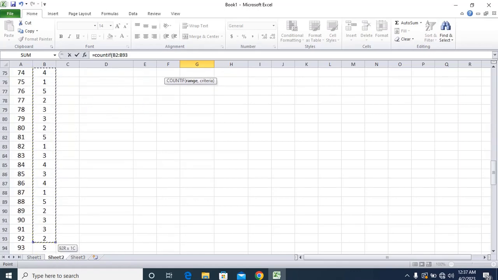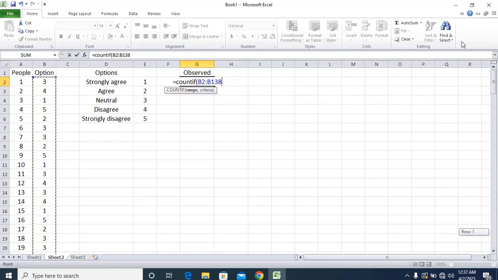You will select the full range, and then put a comma over here, and then the criteria. The criteria is strongly agree: how many people ticked strongly agree? Close the bracket and then press enter.